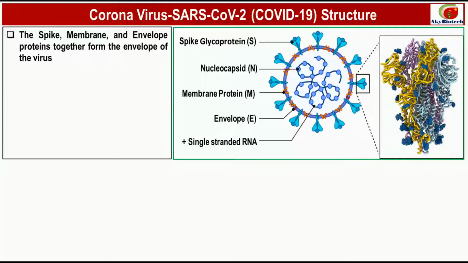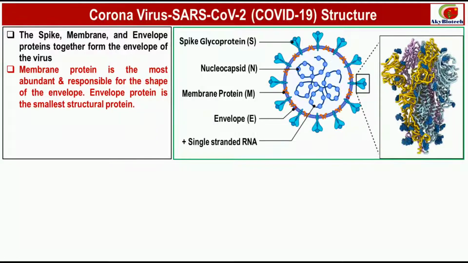Next, the spike, the membrane and the envelope proteins together form the envelope of the virus. In the figure you can see it clearly that the envelope is made up of 3 proteins, that is the spike, membrane and envelope proteins.